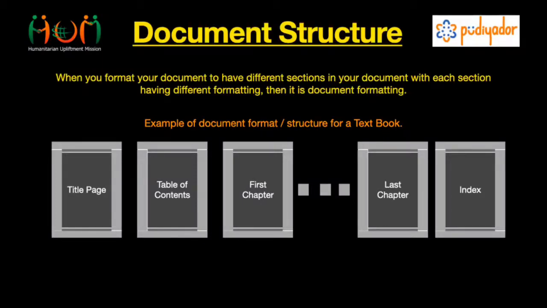This whole thing is called document structure. So word processing applications are so sophisticated today that you can write a very big fat textbook, an entire textbook in it. The textbook can have 1,000 pages, 2,000 pages. All of it can be in one Word document, okay? And if any of you want to write a textbook someday, all of this is possible.